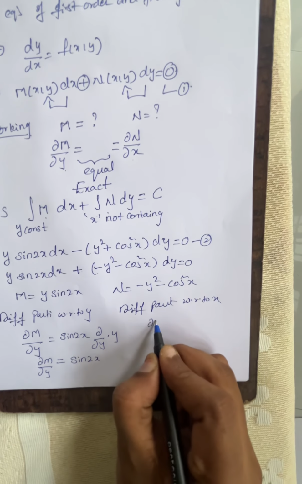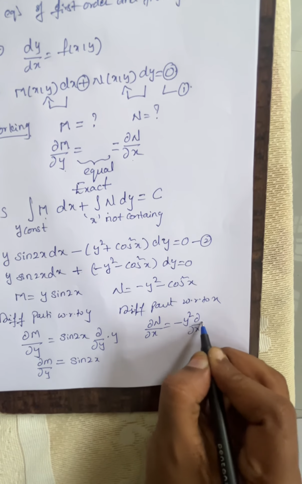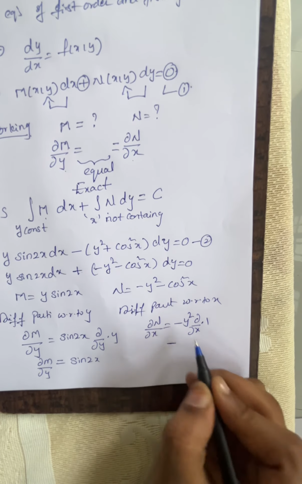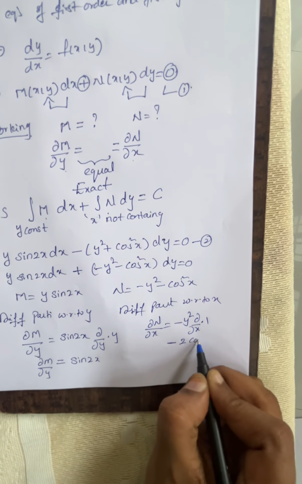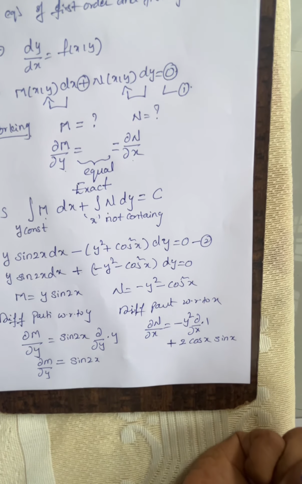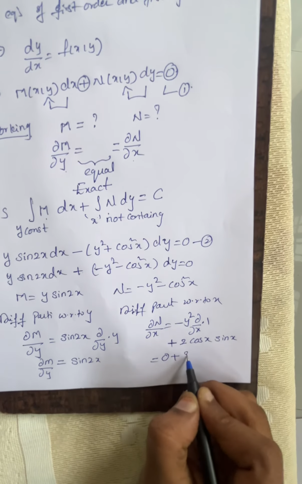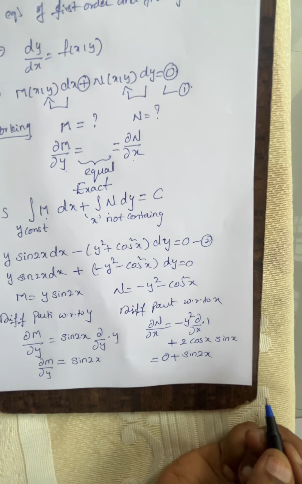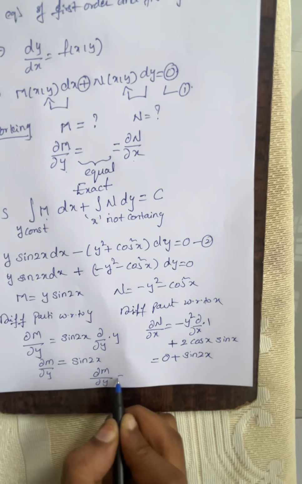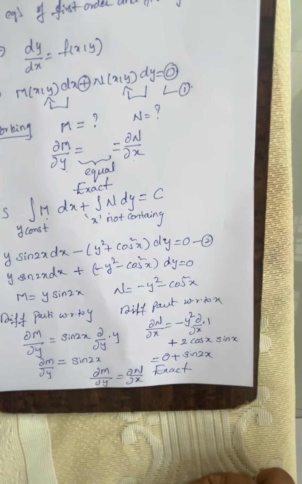Now for n, dou n by dou x: same variable will be differentiated, other variables taken as constant. Minus, what is the differentiation of cos square x? 2 cos x, and the differentiation of cos x is minus sin x, so it becomes plus. Differentiation of a constant is 0. So 0 plus sin 2x, since 2 sin a cos a is sin 2a. Therefore, we got dou m by dou y equal to dou n by dou x. So the given differential equation is exact.